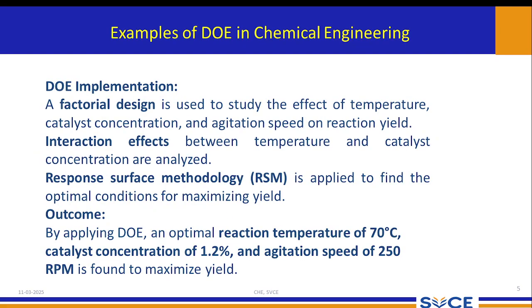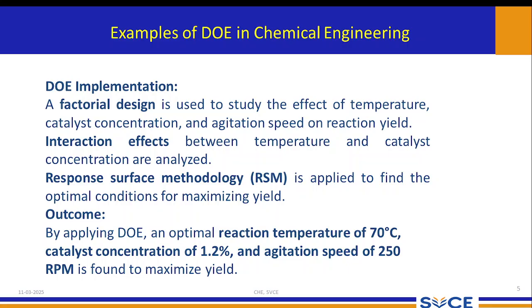So the factorial design is used to study the effect of temperature, catalyst concentration, and agitation speed on reaction yield. Then the interaction effect: what is the interaction of temperature and catalyst concentration on the yield? That is an interaction effect, you may say a synergetic effect of independent variables.